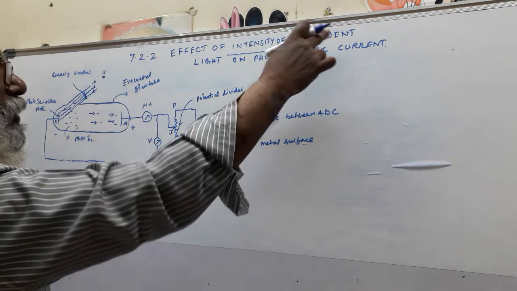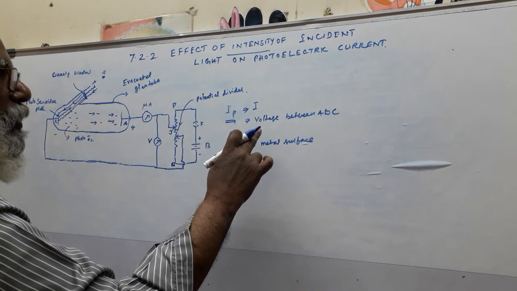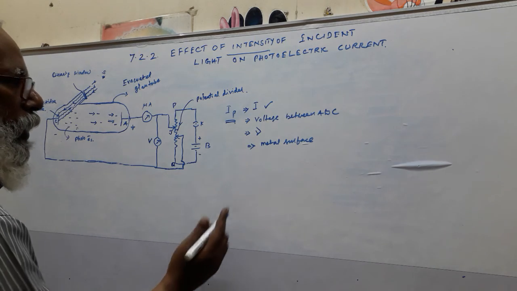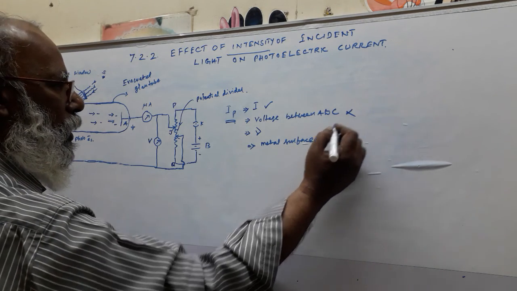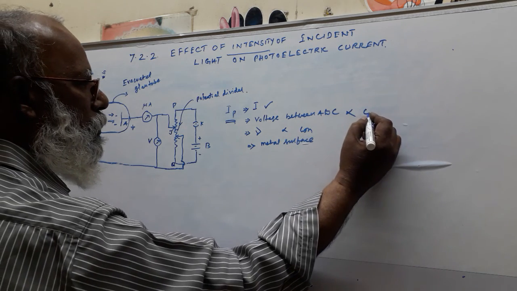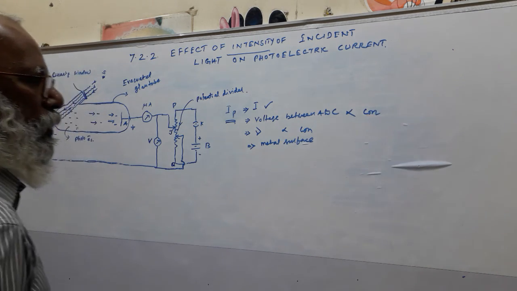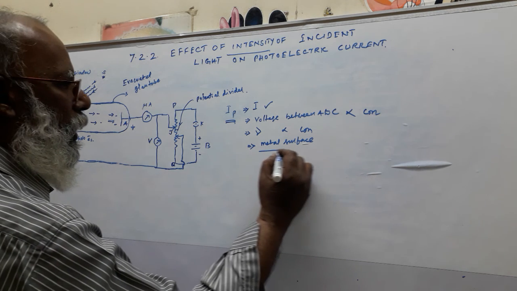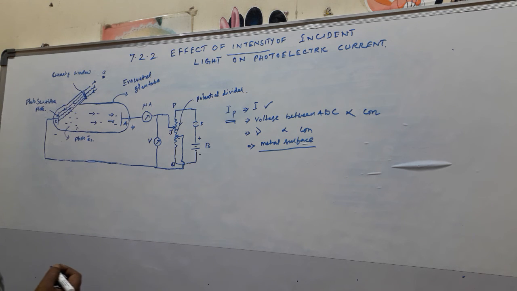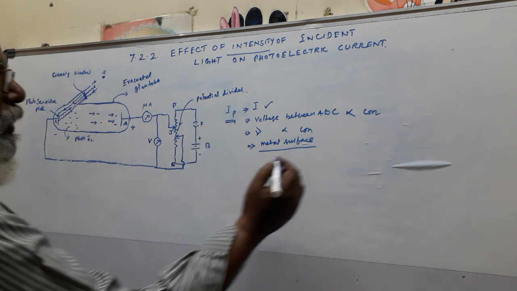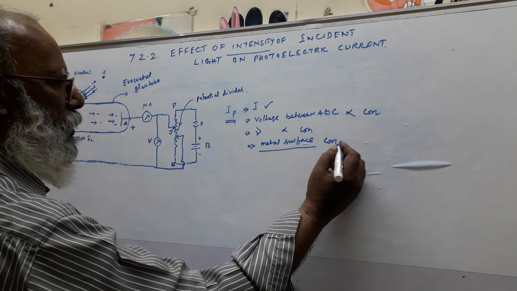The intensity of incident light rays is varied while keeping these constant, and this may also be constant. The metallic surface is already coated with photosensitive material in the cathode, so it is always constant.